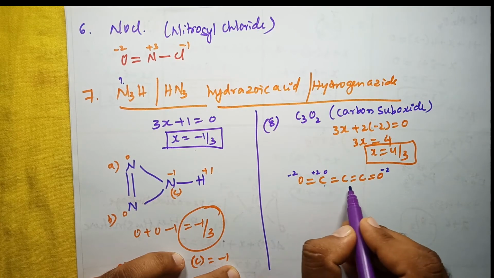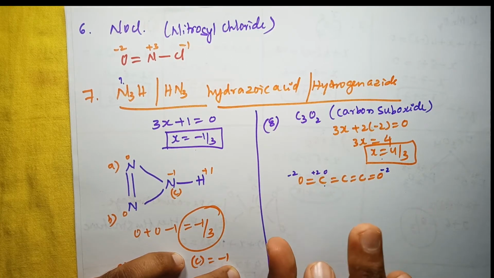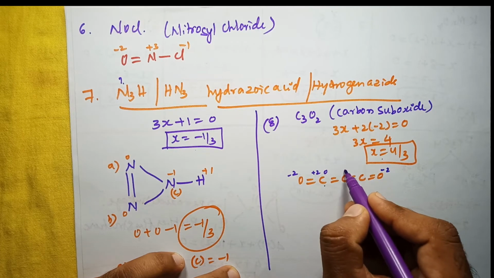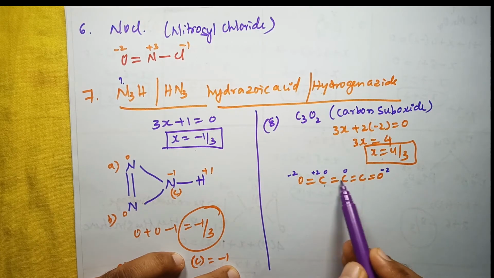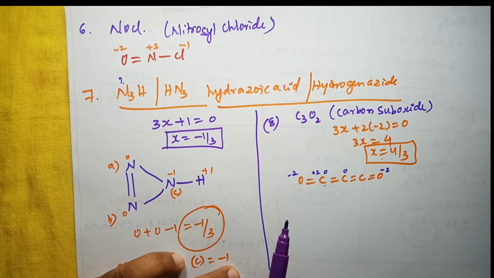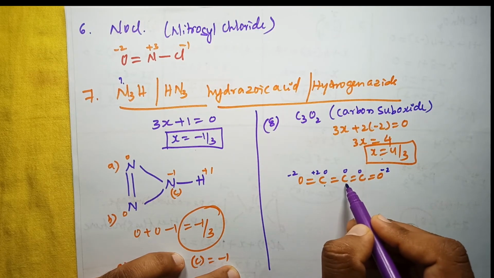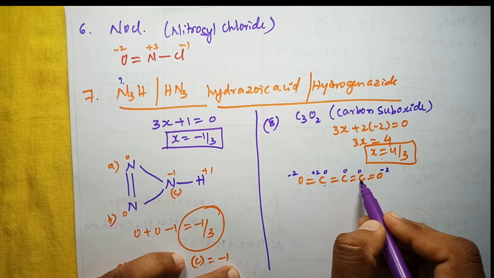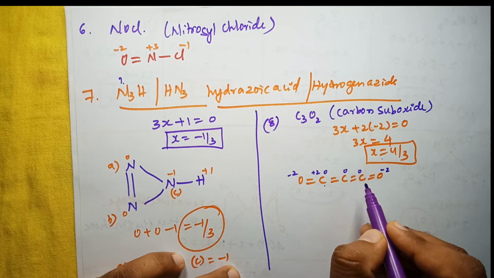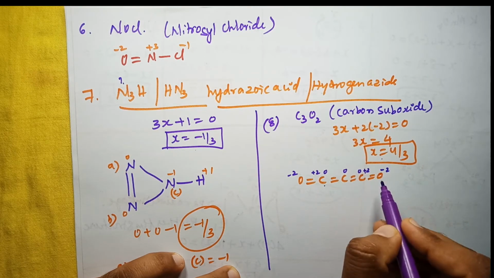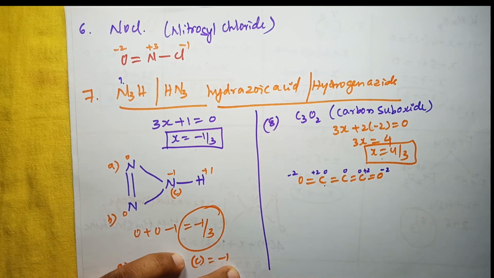So there is no charge separation, there is no difference in the electronegativity. So this carbon atom is also 0 because this is bonded to 2 same carbon atoms. So here it is 0 for this carbon atom, this is 0. Then this carbon atom exists as a +2 oxidation state with respect to this oxygen atom.